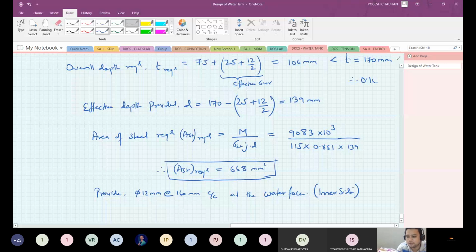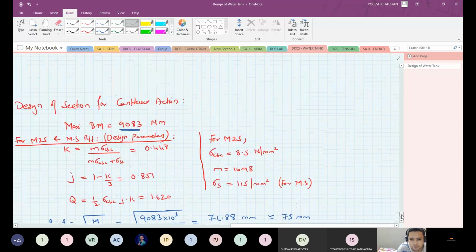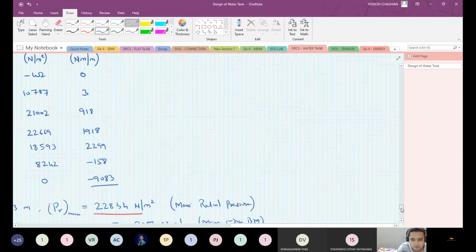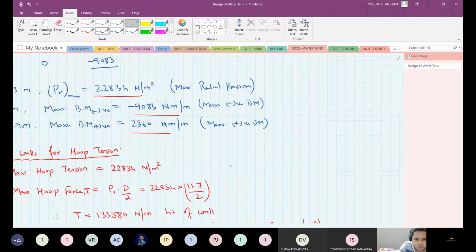For that we again have to find the steel required using the same procedure. You have to do it for the moment of this much, 2360, the positive moment.